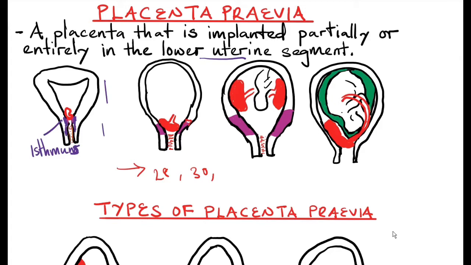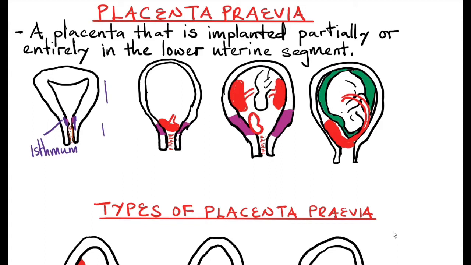So the placenta might migrate to normally situate itself in the fundus. Okay, but in some cases it will remain in the lower uterine segment. It might still be implanted in the lower uterine segment here.